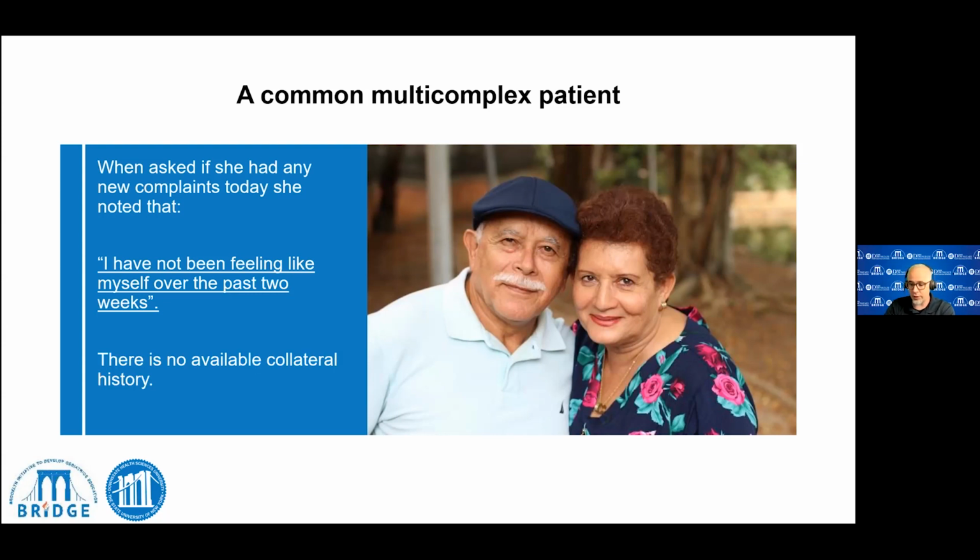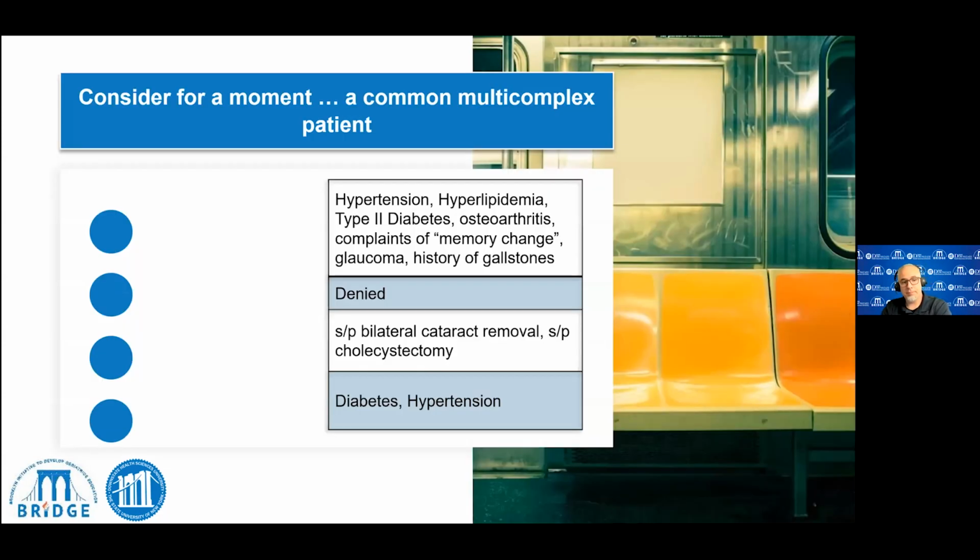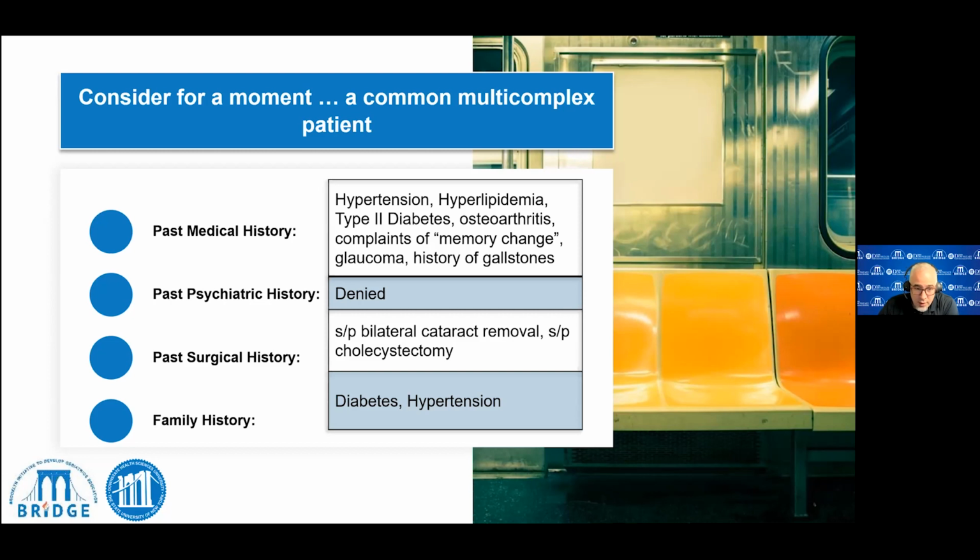She has no available collateral history, sort of different from most of our patients, and a fair spread of past medical history: hypertension, hyperlipidemia, type 2 diabetes, osteoarthritis, and now some complaints of memory change that have been recurrent over the past few visits, glaucoma, history of gallstones, no endorsed past psych history, a very mild past surgical history, and a family history of diabetes and hypertension.